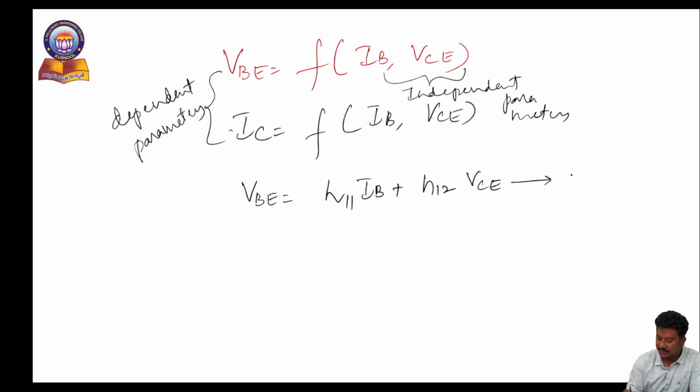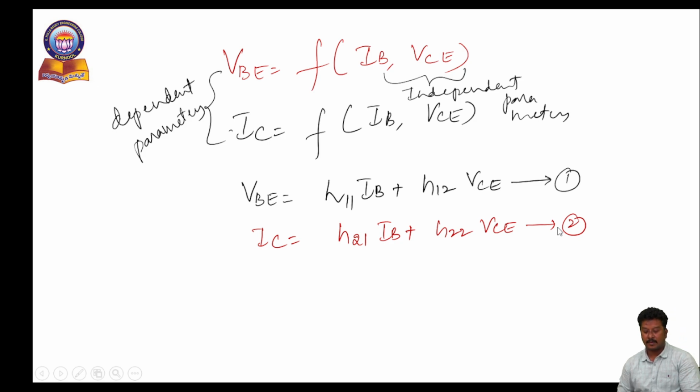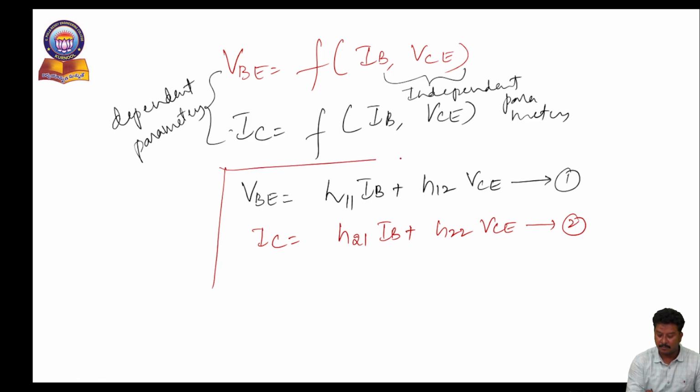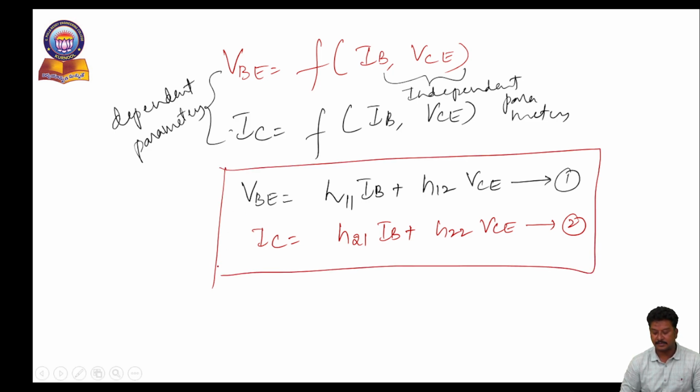This is equation 1. Similarly, IC is equal to H21 IB plus H22 VCE. This is equation 2. Okay. These are the two things what we are framing from the input and output characteristics of the transistor.